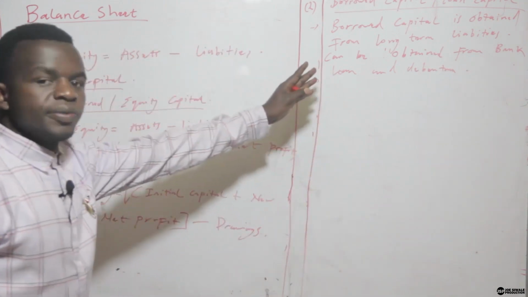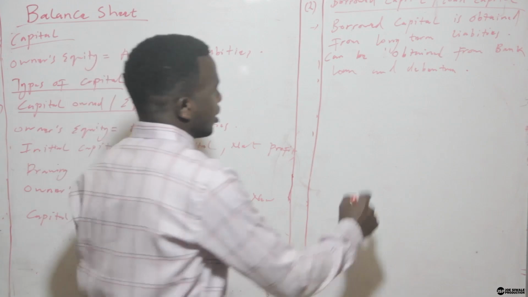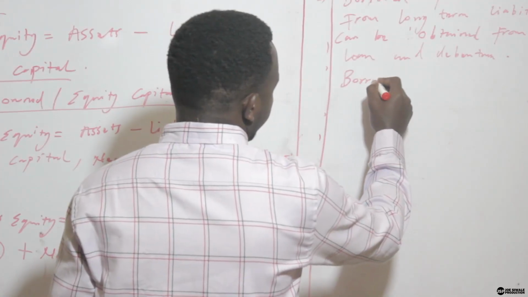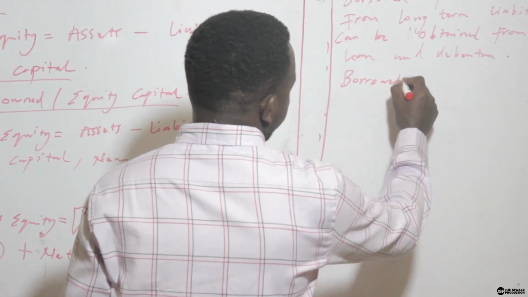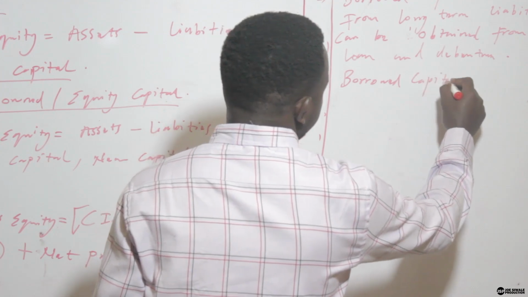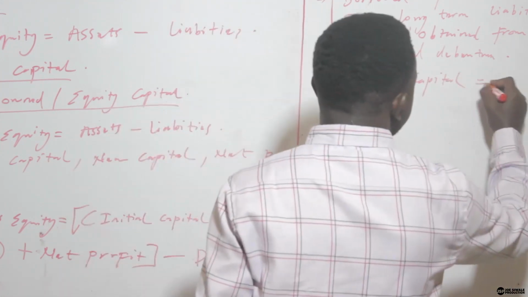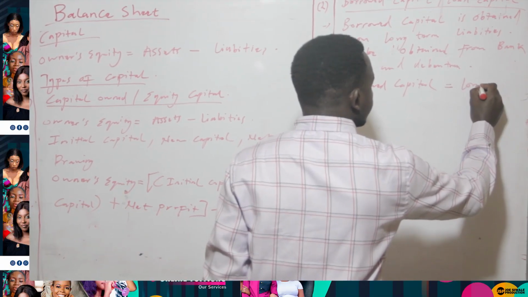And giving the formula there for borrowed capital, we can say the borrowed capital is equal to long-term liabilities.